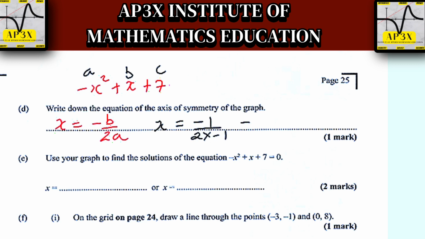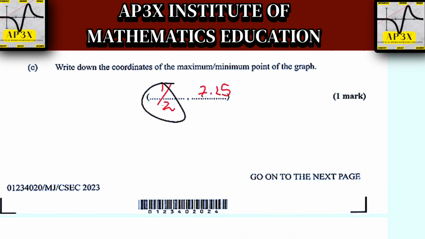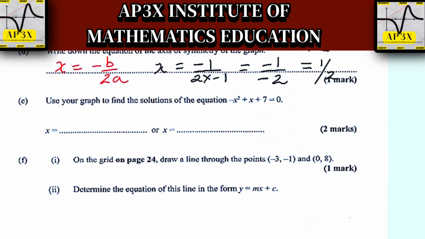That's equal to minus 1 divided by minus 2, which is simply positive a half. So the axis of symmetry equation is x equals a half, which is exactly what we got when we said that the x value is a half. So you're good.